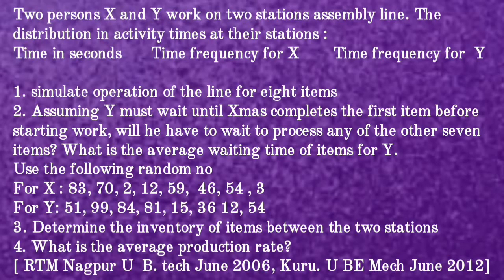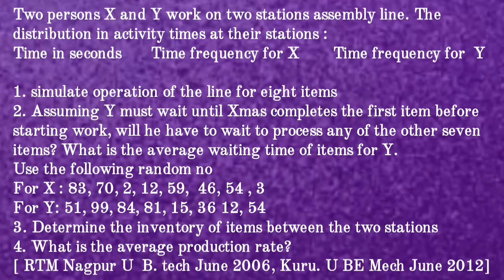Second question, assuming Y must wait until X completes the first item before starting work, will he have to wait to process any of the other 7 items? What is the average waiting time of items for Y?